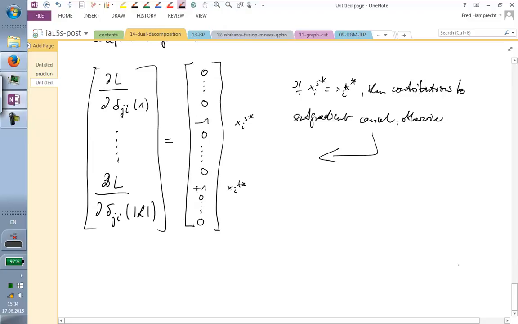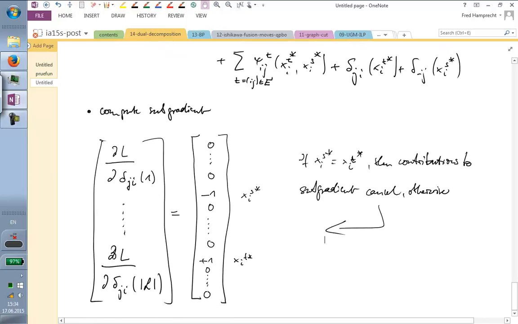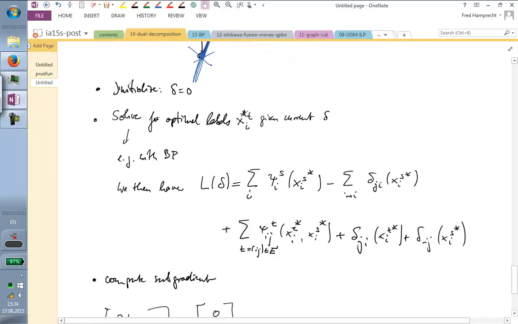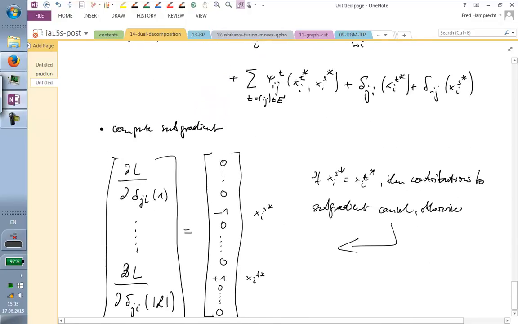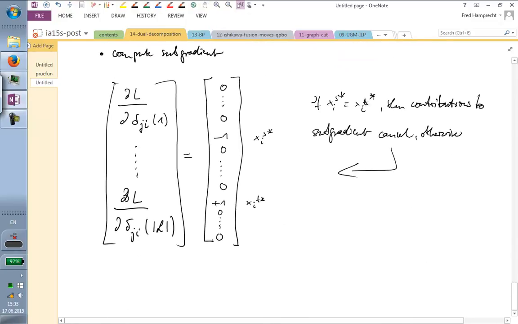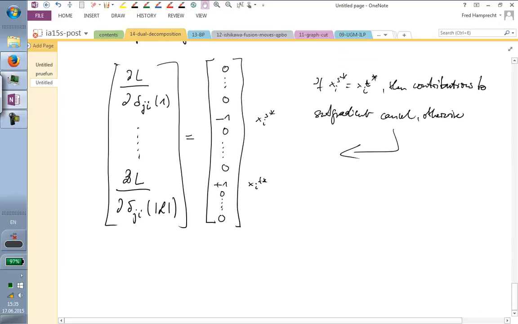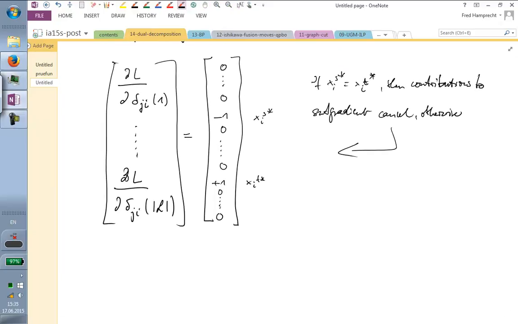And so now I have my gradient. I know in which direction to walk. And I only need to decide. So I found that I want to walk here to the right in delta space. But now I need to decide how far I want to walk. And the simplest way is to choose some magic step size.